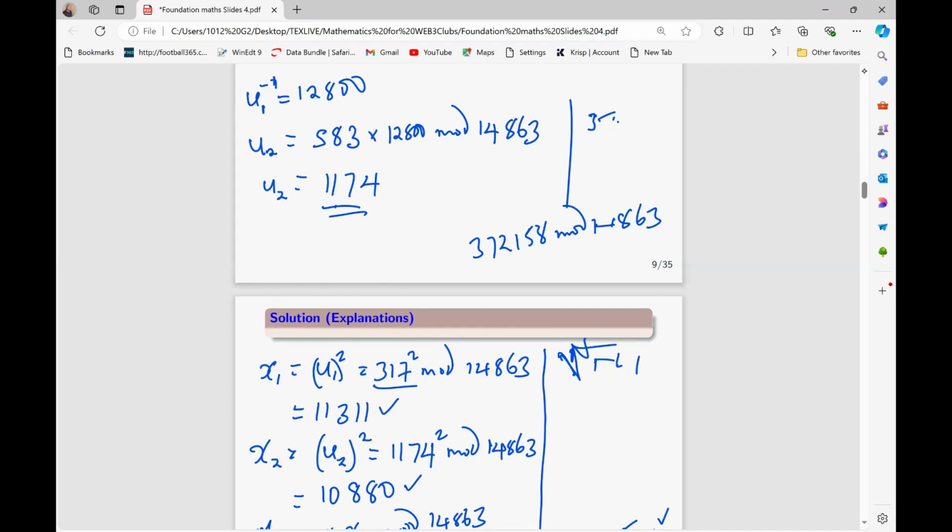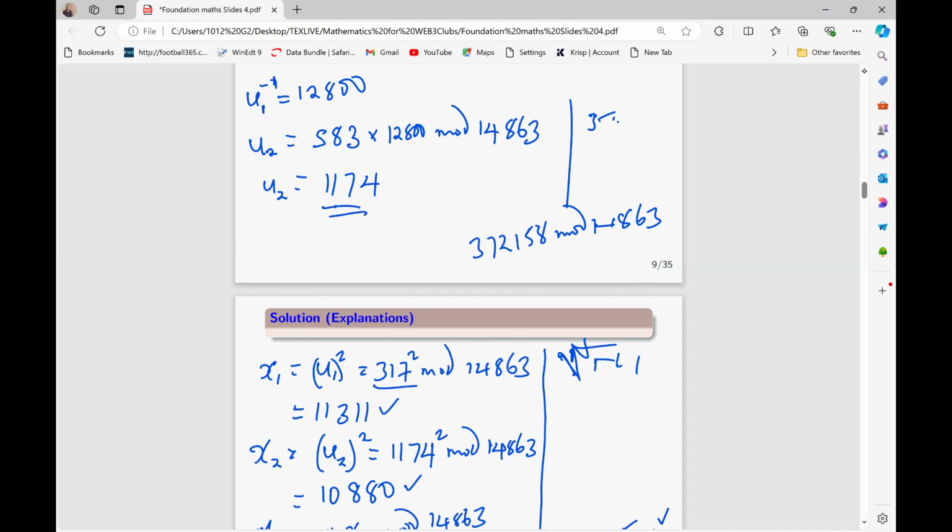Alex has to confirm whether 317 is the square root of 11,311. He cannot get the square root of 11,311 mod 14,863 himself, but Cyprian has produced it. So Alex also will now square it, and on squaring it, he will see that, indeed, it gives him 11,311.